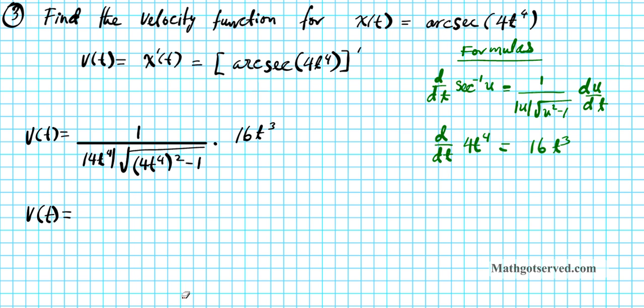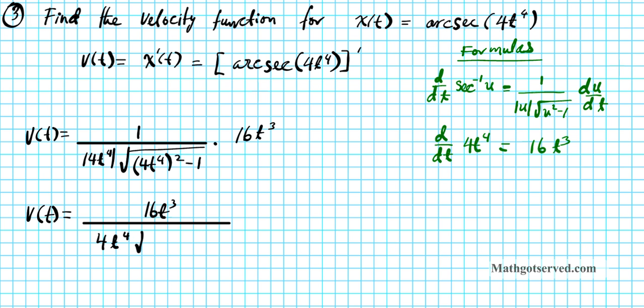Since that doesn't play any role, we can completely drop the absolute value bars. So let's put the numerator first, 16t to the third over, and in the denominator, the absolute value of 4 is 4, and then t to the fourth because of the even power.